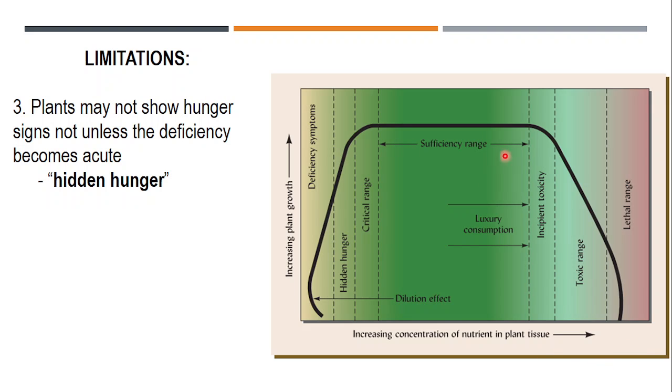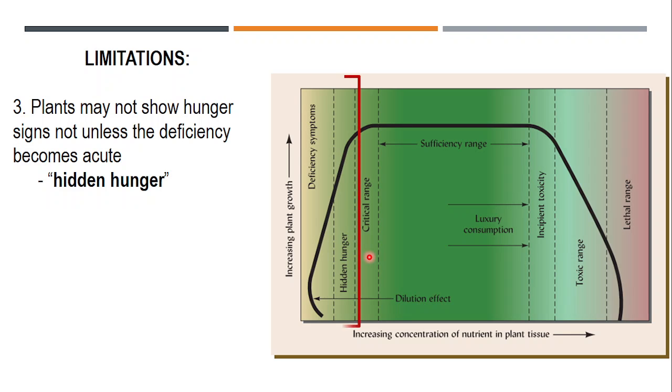Dito sa range na ito is what we call the sufficiency range. This is the range of tissue concentrations at which the supply of nutrient is sufficient for optimal growth. Below it is the critical range. Dito naman, the supply of nutrients is just marginal and the growth of the plant is expected to decline if the nutrient becomes any less available.